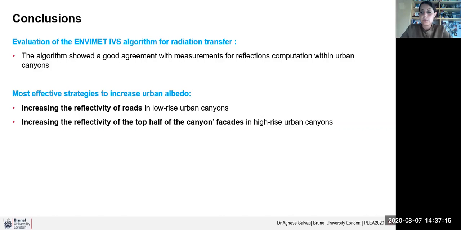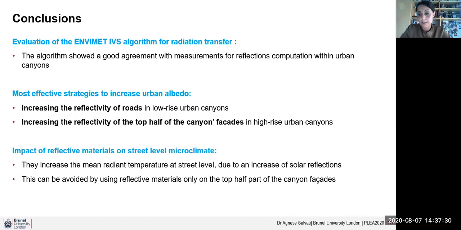And we also proved that the most effective strategies to increase urban albedo are the use of reflective materials on roads and on the top half of the canyon facades. And finally, this last strategy is probably the best because it also avoids any unwanted increase of the mean radiant temperature at the street level.